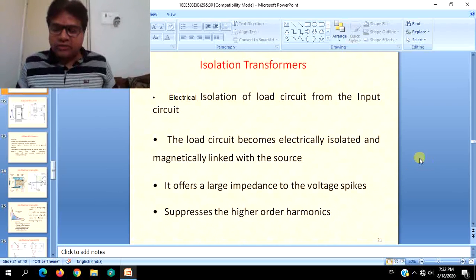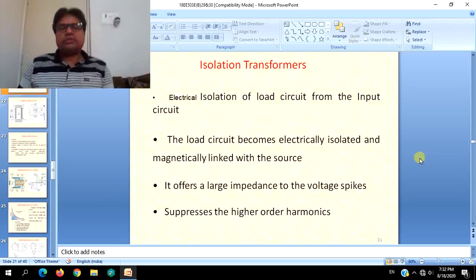So isolation transformers are the simplest ones, which provide three important and basic protections and remedies for the effects of voltage spikes and harmonics.